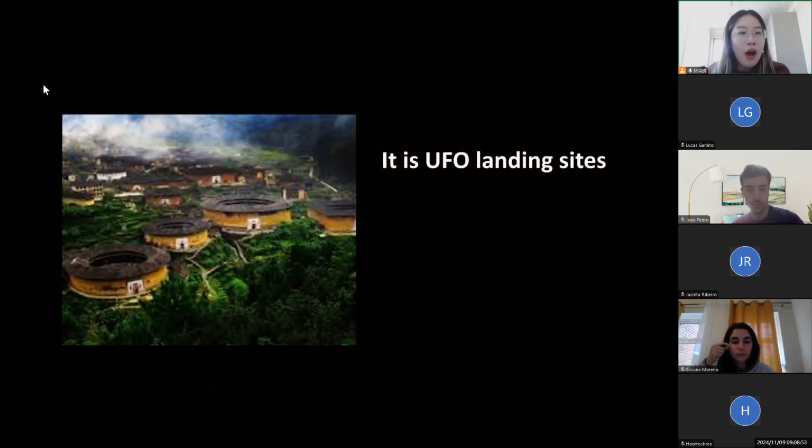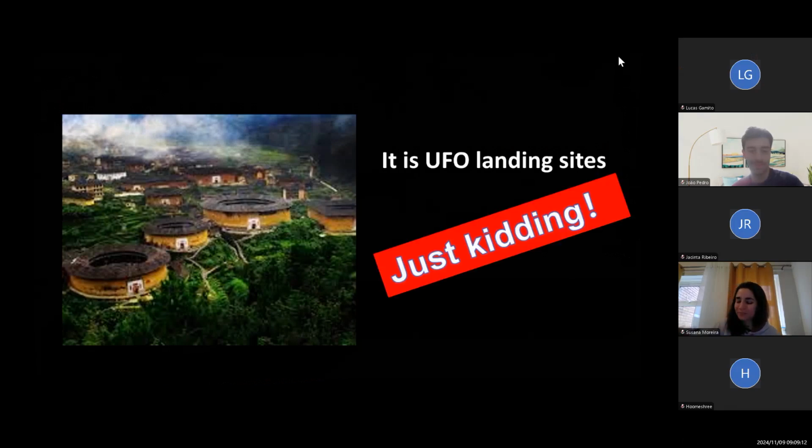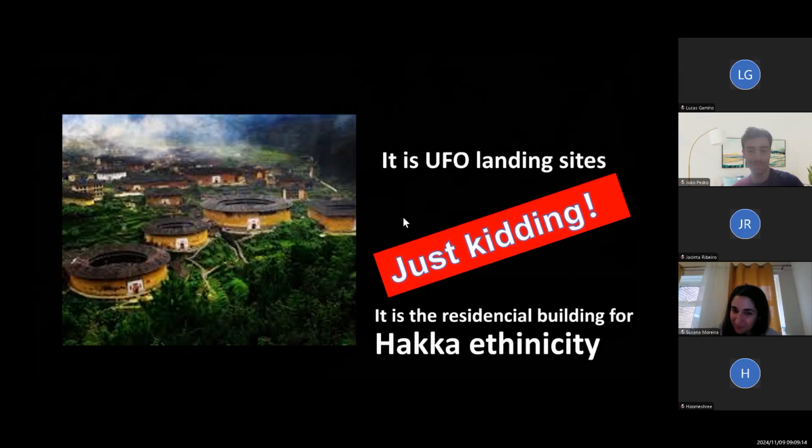So, this is how it looks in reality from the picture. Fujian Tulou is actually a UFO landing site. Wait, some of you don't buy it, do you? Well, just kidding. It's actually the residential building for the Hakka ethnicity.